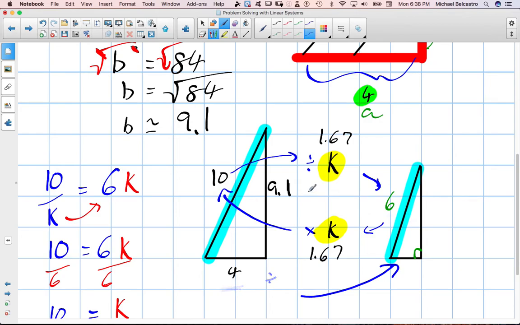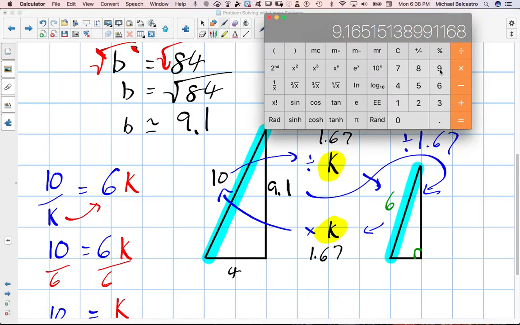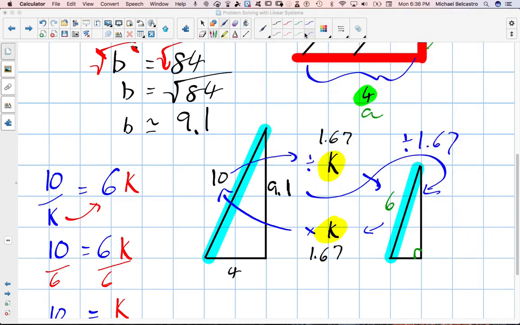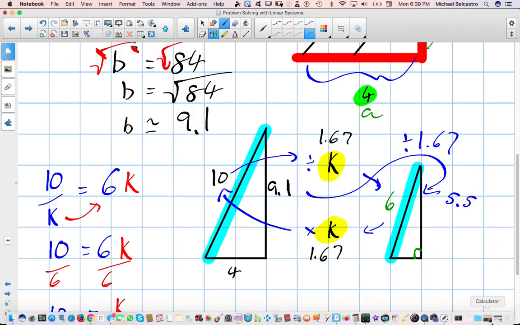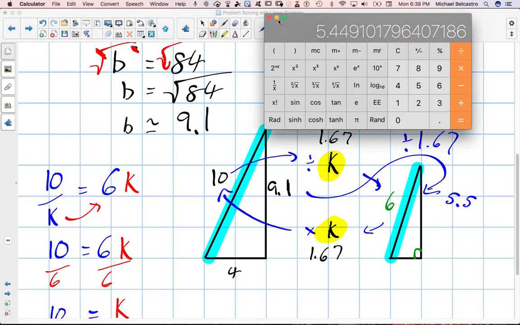So 9.1 divided by 1.67 equals 5.45, we'll say, 5.45.